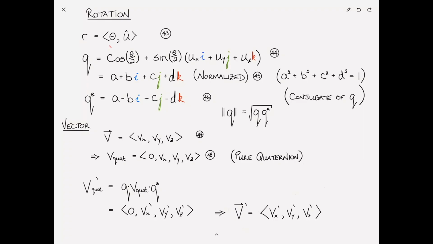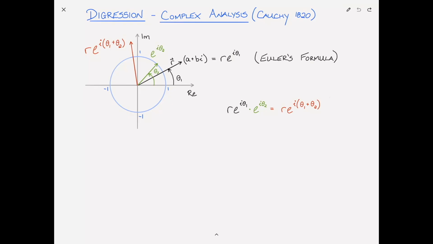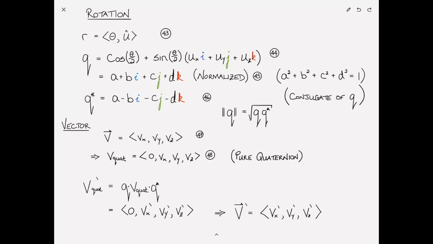So again, we construct our quaternion this way. I remind you that it's a normalized quaternion. This vector, however, does not need to be normalized. Remember, in the case of our complex analysis, the rotation vector was normalized and lay on the unit circle, but the vector that we were rotating could be of arbitrary magnitude. Well, it's exactly the same way here. Q, our rotation quaternion, is on the unit sphere, so it's normalized.